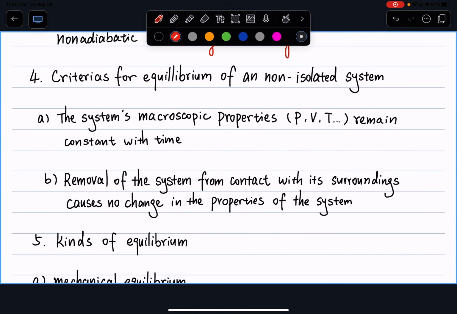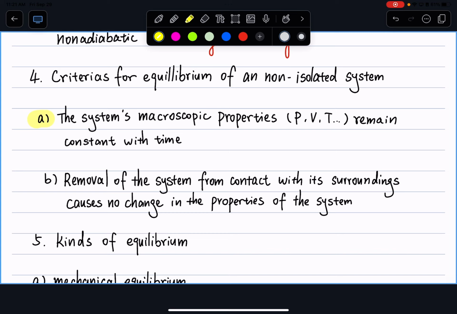Now we're talking about equilibrium. So when we're talking about equilibrium of a non-isolated system, it means that the system is somehow interacting with the surroundings. You have 2 different criteria that must be met. The first one is that the system's macroscopic properties must remain constant at any time.